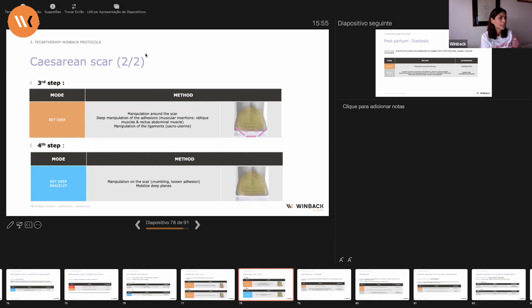On the third step, we work with manipulation around the scar, the deep manipulation of adhesions. We work on the muscular insertions of the oblique muscles and rectus abdominal muscles that are not well positioned, okay? We want to reposition them and stabilize them and stimulate them to have a good contraction.